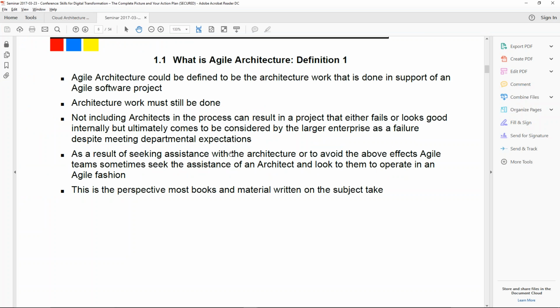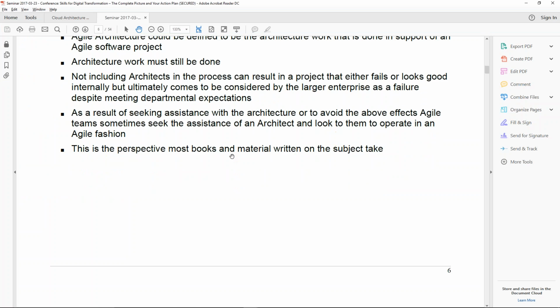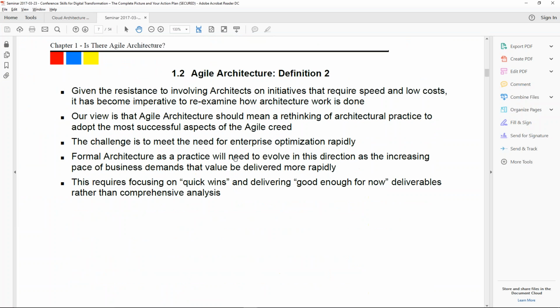How does Agile and architecture fit together? Agile has a strong preference for speed in the decision-making process.